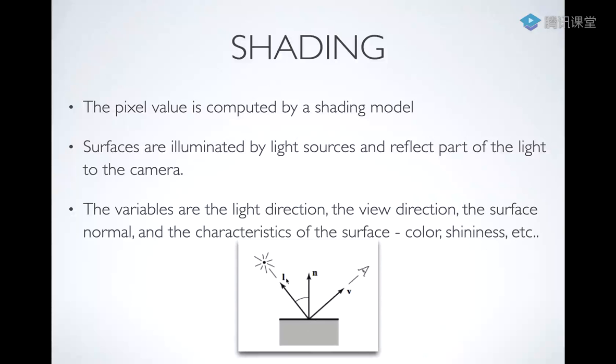There are several parameters which might affect the shading of the object. The first is the light direction, surface normal, and view direction. All these three are the fundamental parts for shading.